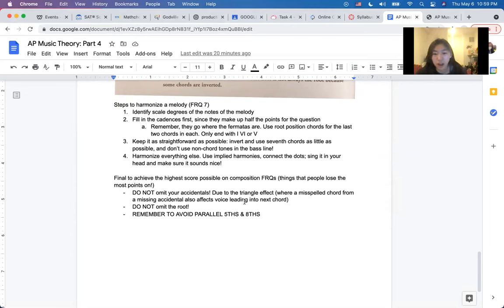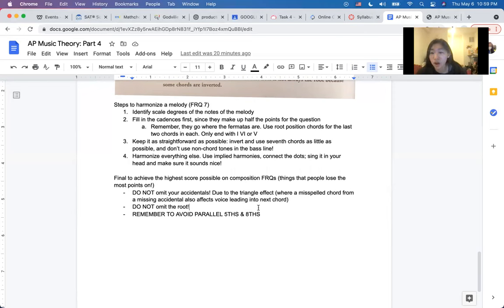There's something called the triangle effect, where, for instance, if you misspell a chord, you not only lose points for the misspelling of the chord, but also more points because that messes up your voice leading into the next chord as well. So if you omit an accidental, you lose 5 points automatically, which is pretty crazy. So you really want to be careful with these.